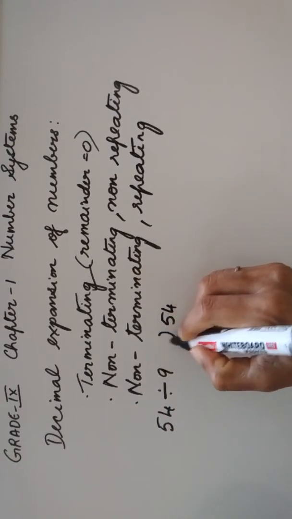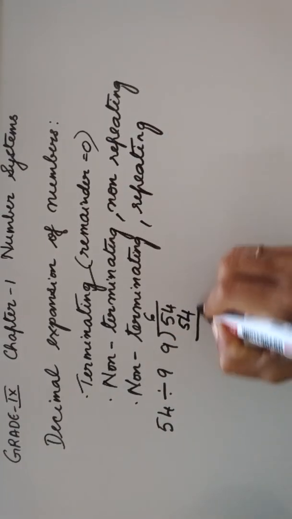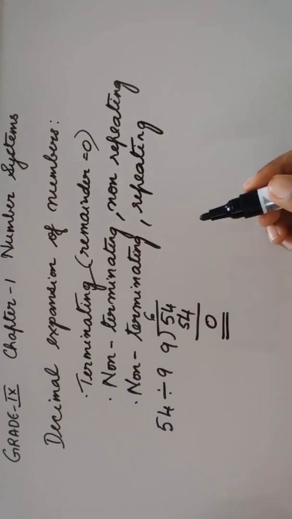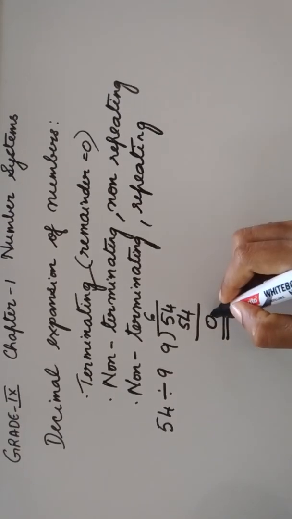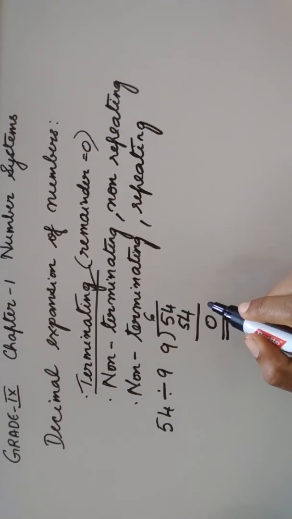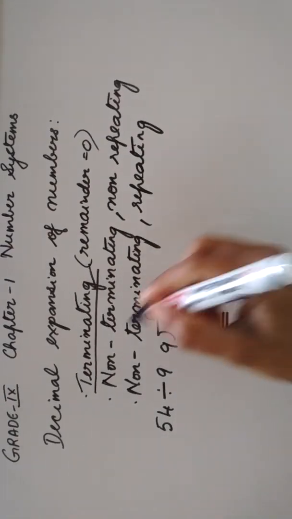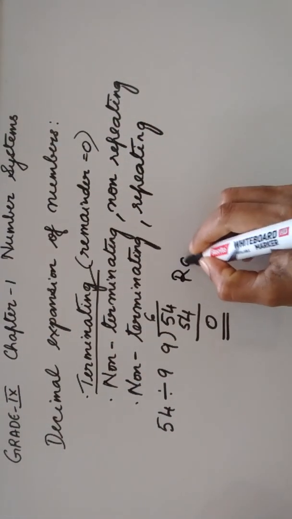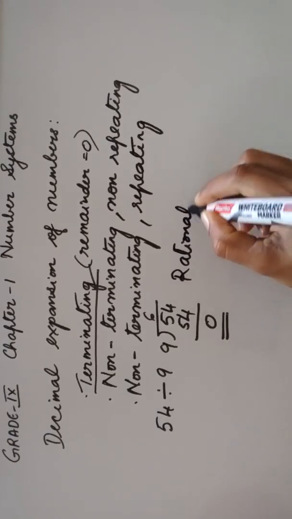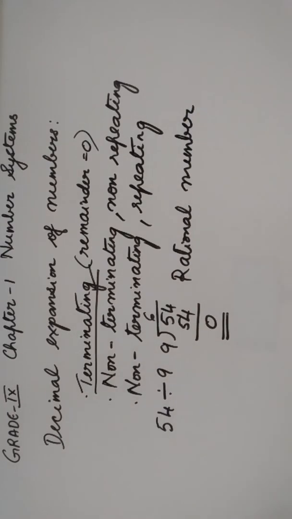So let us divide this. 9 6 are 54, and now the remainder is 0. As remainder is 0, this is a terminating decimal. So terminating decimal is always a rational number.